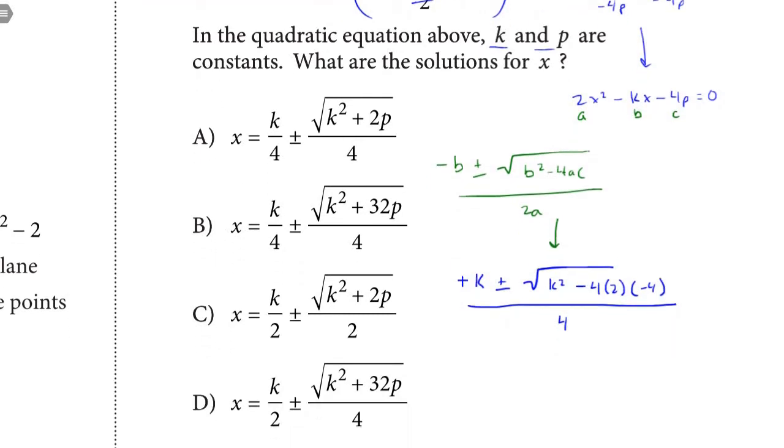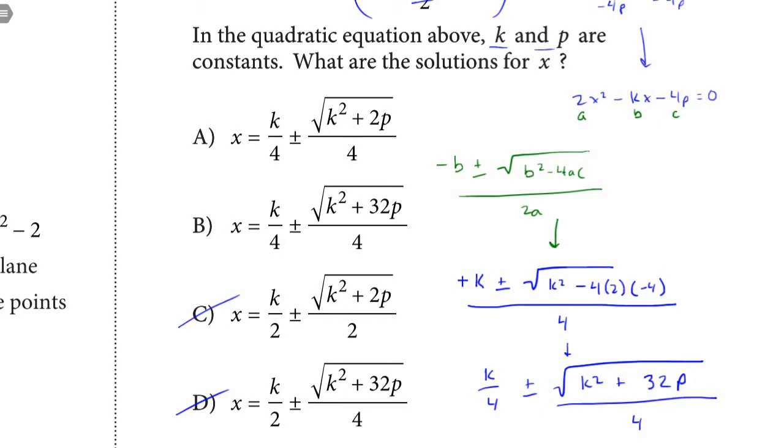We can do the following. We can split this up by saying k over 4. That already crosses out c and d because it's k over 2, but we want k over 4 plus or minus the square root of something over 4. That's going to be k squared minus, and it's really a minus of a minus, so it's plus 4 times 2 is 8, 8 times 4 is 32. 32p, because let's not forget about the p.